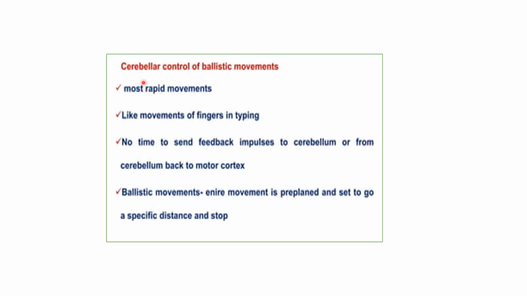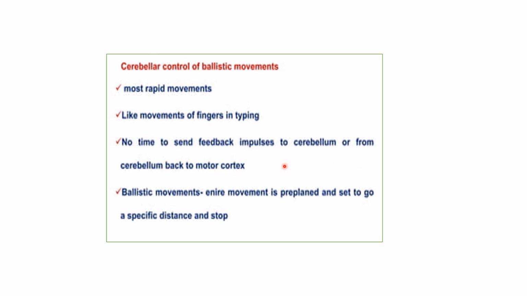Then coming to the next function, cerebellar control of ballistic movements. Ballistic movements are the most rapid movements, and the cerebellum controls these ballistic types of movements, for example, movements of fingers in typing. Here, there is no time to send feedback impulses to the cerebellum or from the cerebellum back to the motor cortex.